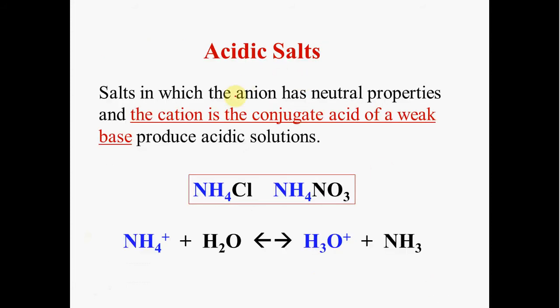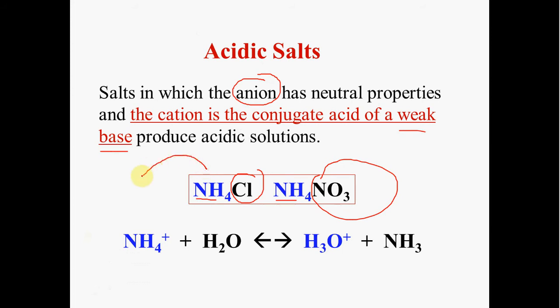An acidic salt is where the anion has neutral properties, but the cation is the conjugate acid of a weak base. So your anion is from hydrochloric acid or nitric acid, but your cations are coming from a weak base. So they're going to form a strong conjugate.